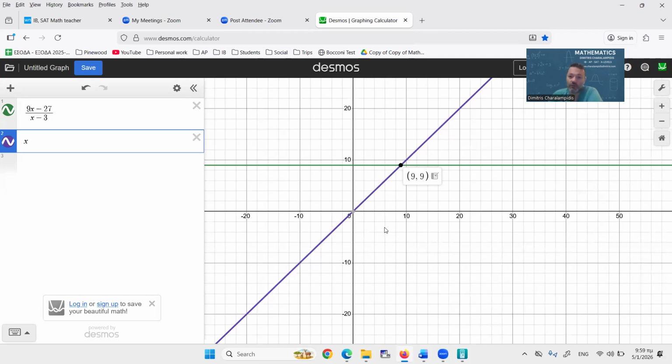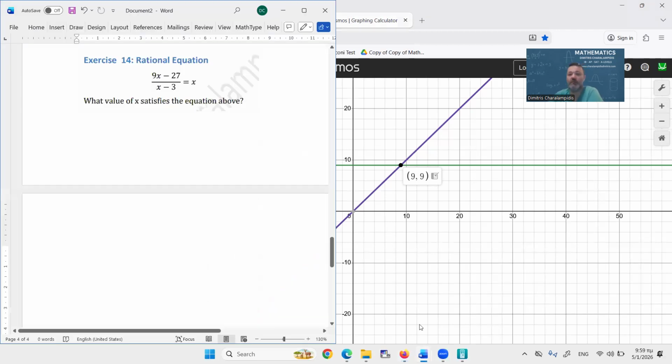Remember that when solving an equation, we are solving for x. So again, the solution for that would have been 9. So let's go back and write that here to have it in a clear way. The solution that satisfies that equation is 9.